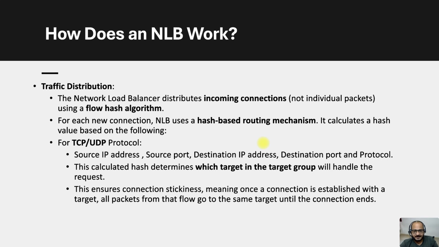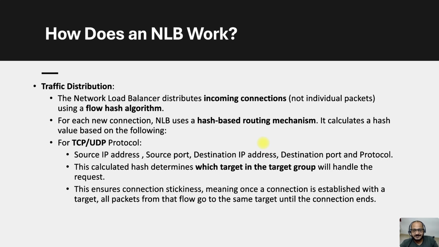First, it will go with the DNS name of Facebook, and it will identify where it needs to go. For that request, the first point of contact will be the network load balancer. Once the request reaches the network load balancer, it will go to the listener, because the listener is the one who listens for the request initiated by an end user.